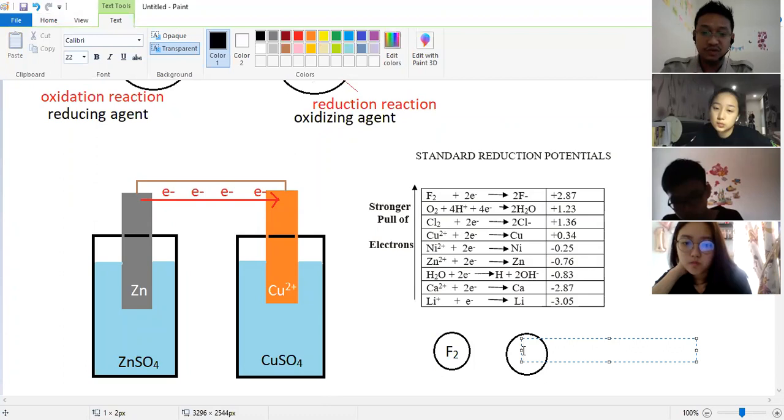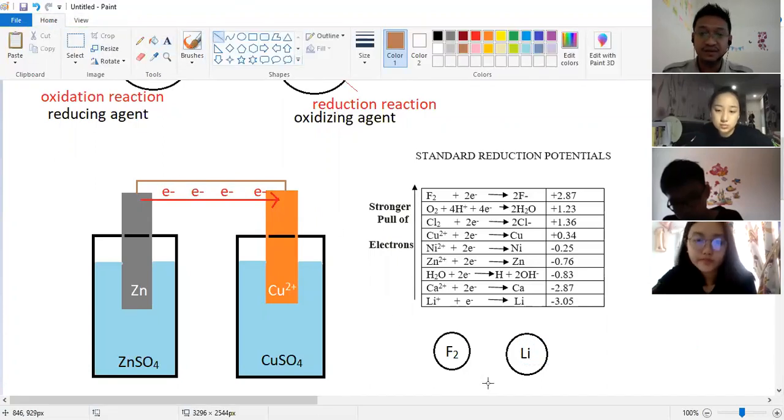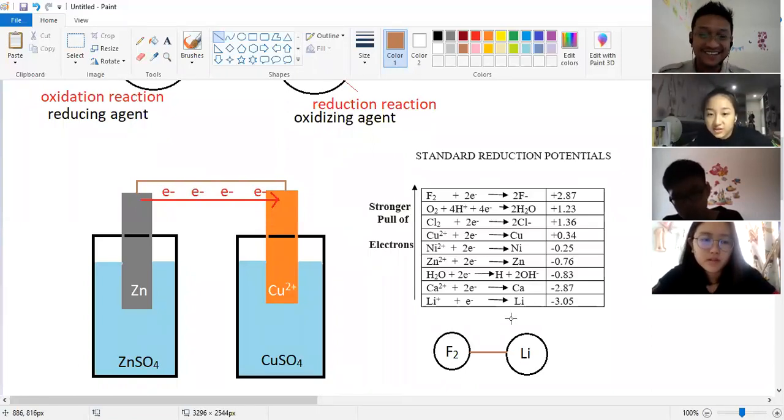Now, what do you think will happen if they are in contact? What do you think will happen to their electrons? The electrons will flow from lithium to fluorine. All right, that is correct.